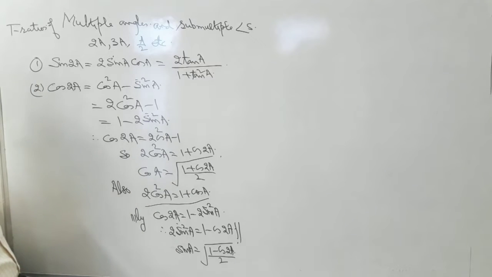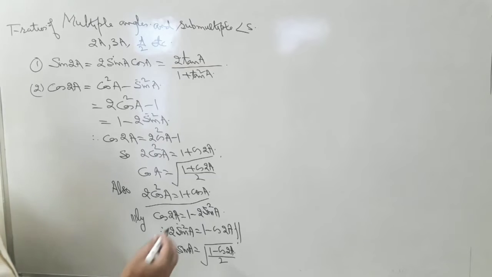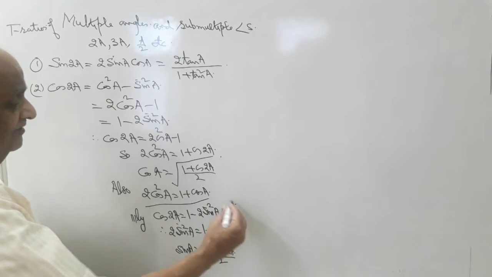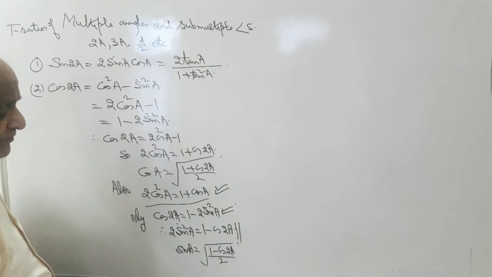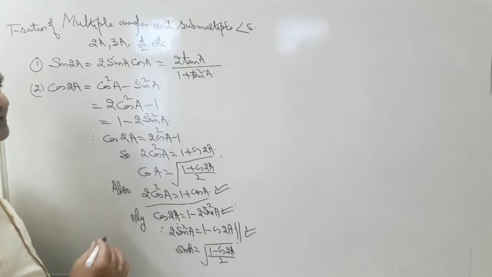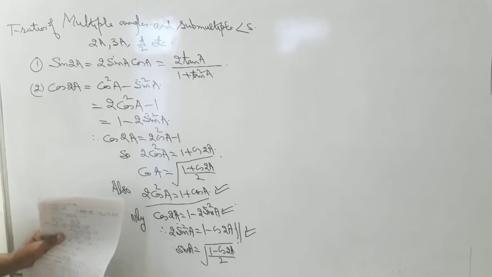That also sometimes we use in this very form. So this is a very important case: 2 cos square A is equal to, or 2 sin square A is equal to. These are the results we shall use maximum when we study plus 2 integral and differential calculus.